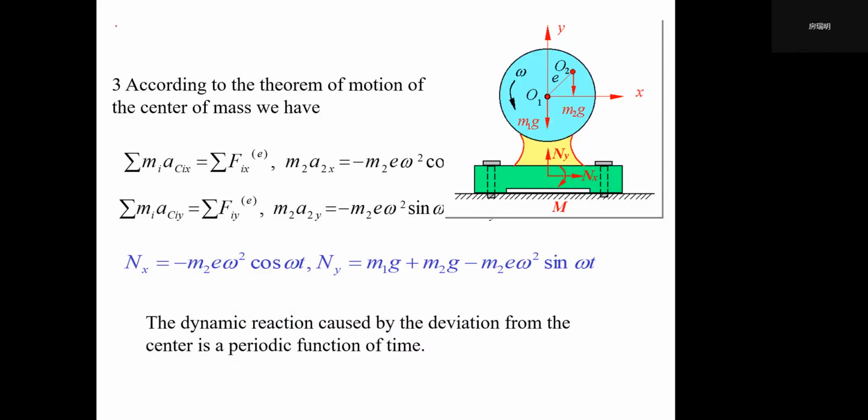So actually, we also can use dp/dt equals sigma F. And we have dpx/dt equals sigma Fx, and dpy/dt equals sigma Fy. That means we do not use the theorem of motion of the center of mass. We just use the theorem of momentum of the system of particles.